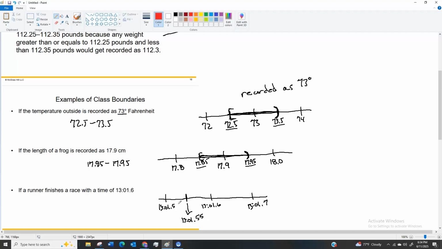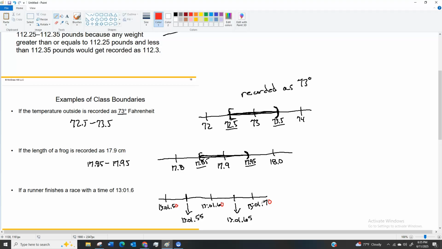Remember, if you like it better, you could add on that extra digit here. So you can see 50, 55, 60. Okay, and then over here, you would have 1301 point, we want halfway between 0.6 and 0.7, that would be 0.65, because 0.7 would be like 0.70.